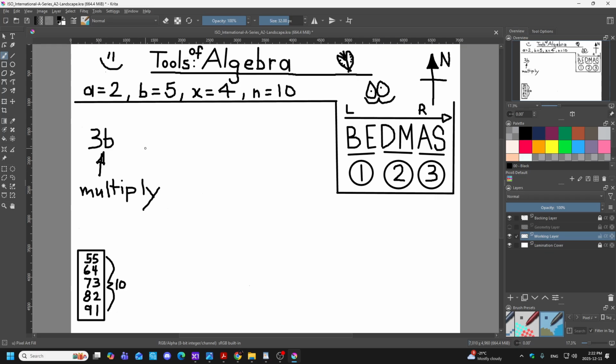A whole number beside a variable or letter, if you will, implies or infers multiplication. 3b plus 16a subtract 9n. Okay?